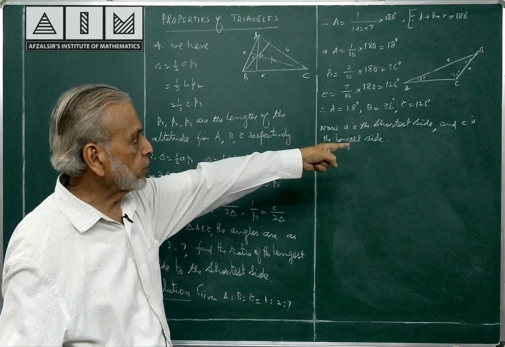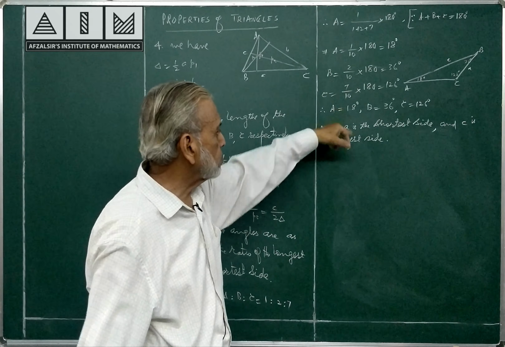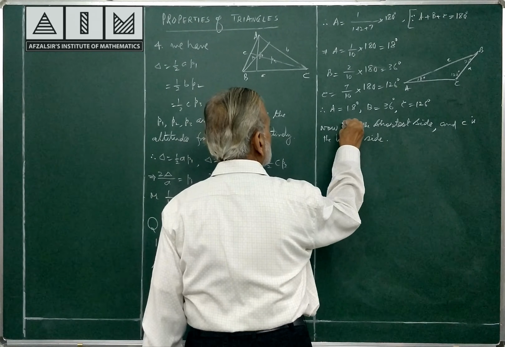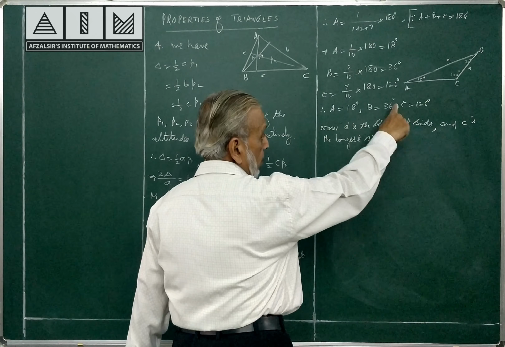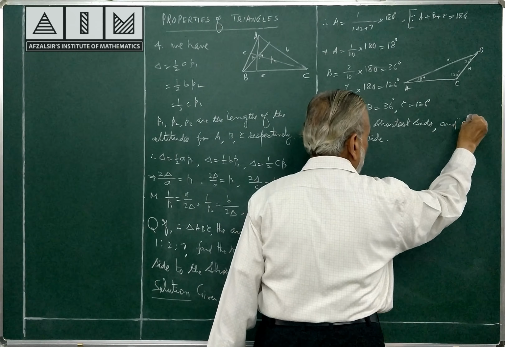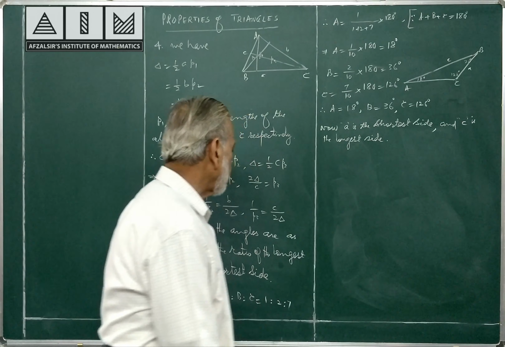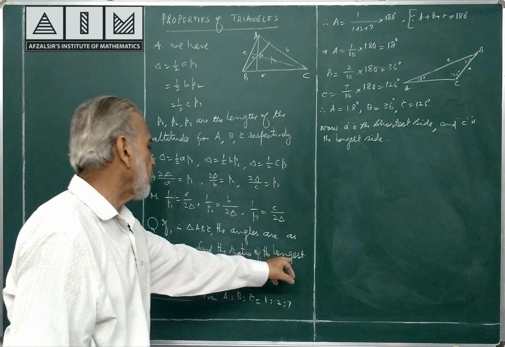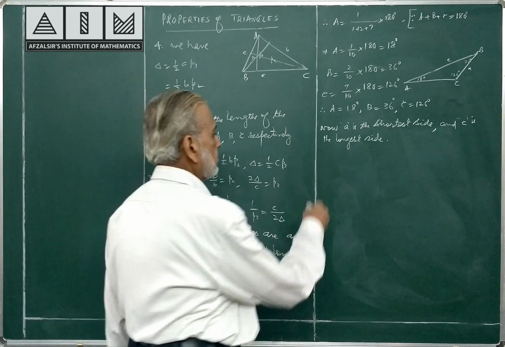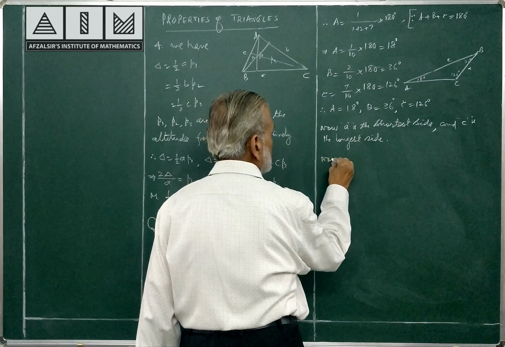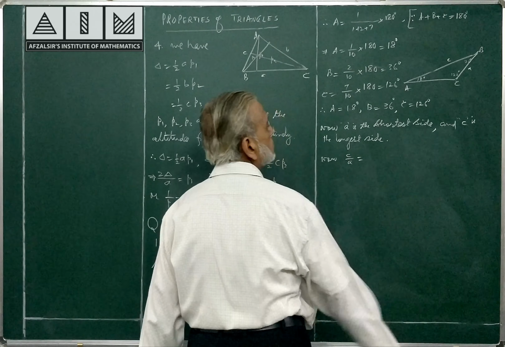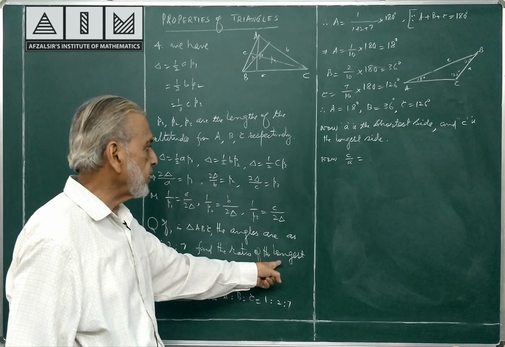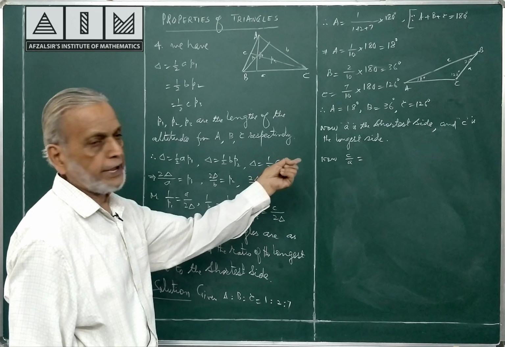A is the shortest side because it is opposite the smallest angle. C is the longest side because it is opposite the largest angle. You are asked to find out the ratio between the longest side to the shortest side. See here. C by A you have to find out. C is the longest side, A is the shortest side. C by A you have to find out.